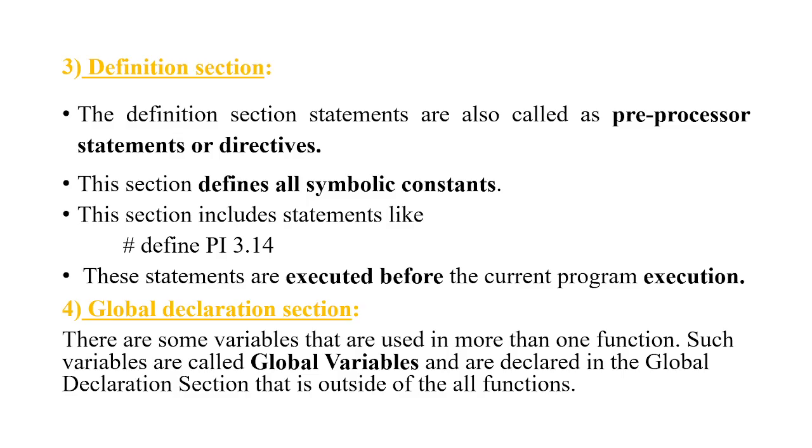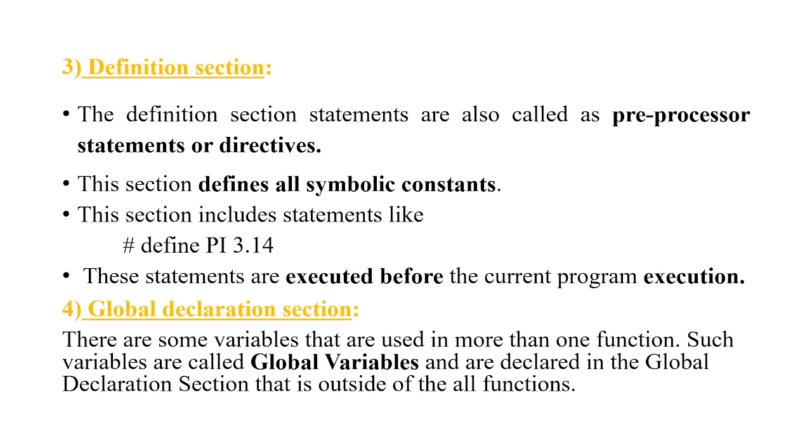Let us move to the next section, that is the definition section. This also contains preprocessor statements, and in this section we define all the symbolic constants, if they are used in the program. For example, #define PI 3.14. Here the symbol we have used is PI, and the value associated with that symbol is 3.14.